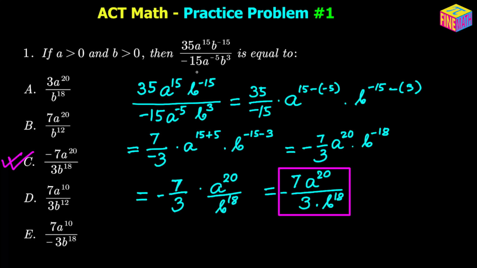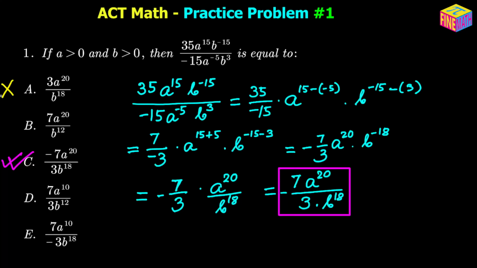In this case, in the original problem we have positive 35 divided by negative 15 as the numeric coefficients, and that means whatever option you look at should have either 35 divided by negative 15 or 7 divided by negative 3 in the numerator and denominator. Keeping that in mind, we can easily discount options.